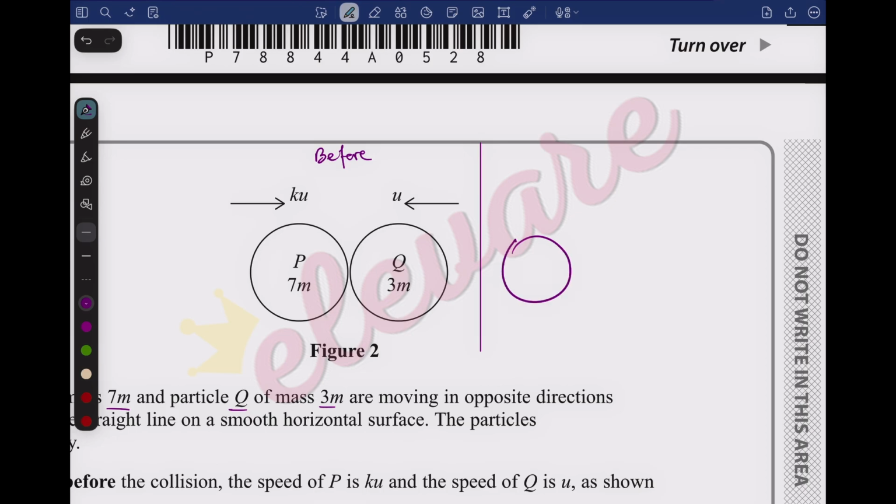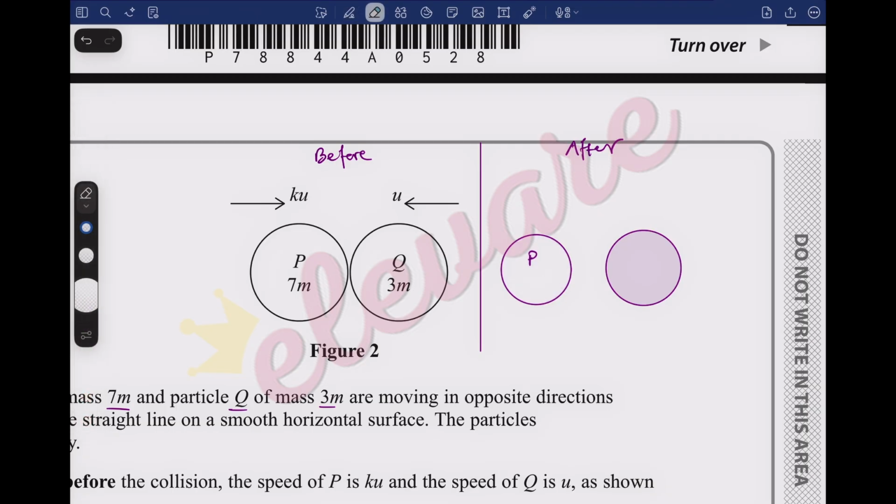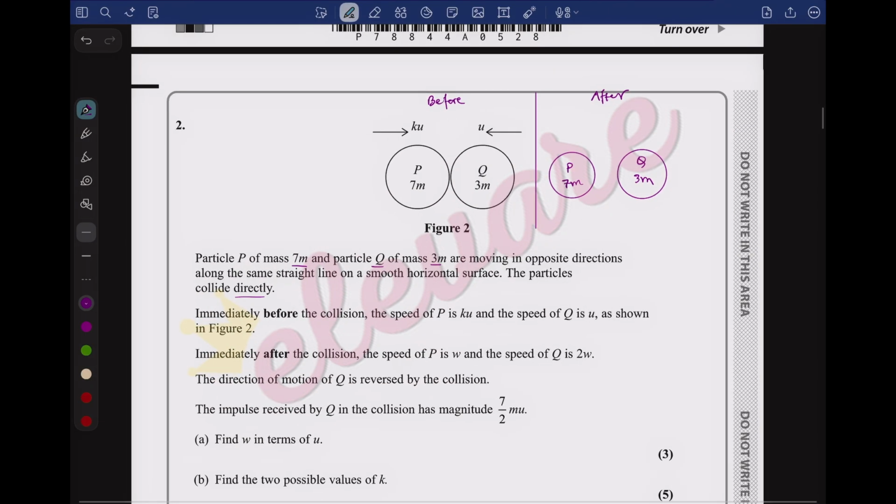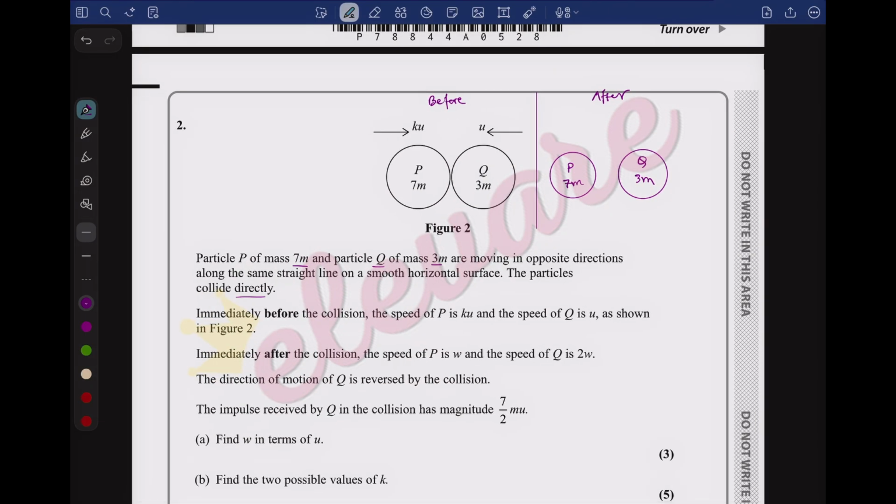It's going to help you if you draw the diagrams. Okay, so now we're going to draw the diagram after the collision. So this is after. And we're also going to label the masses and the particles, okay? P 7m and Q 3m. Done.